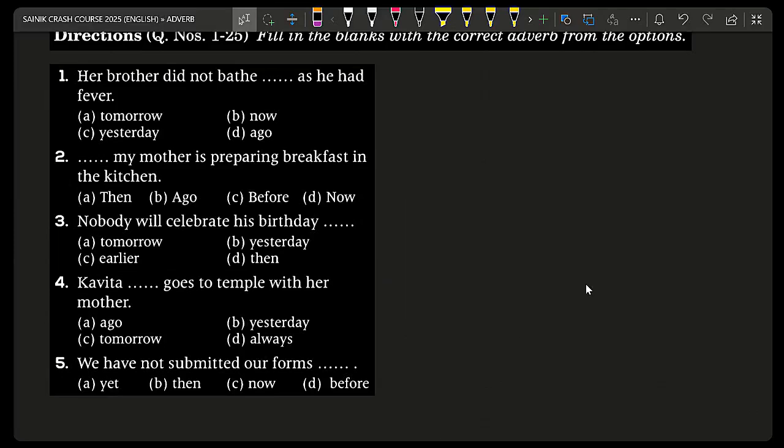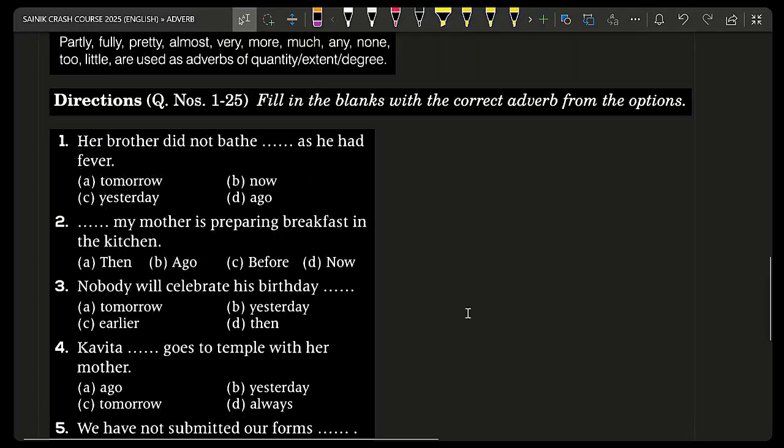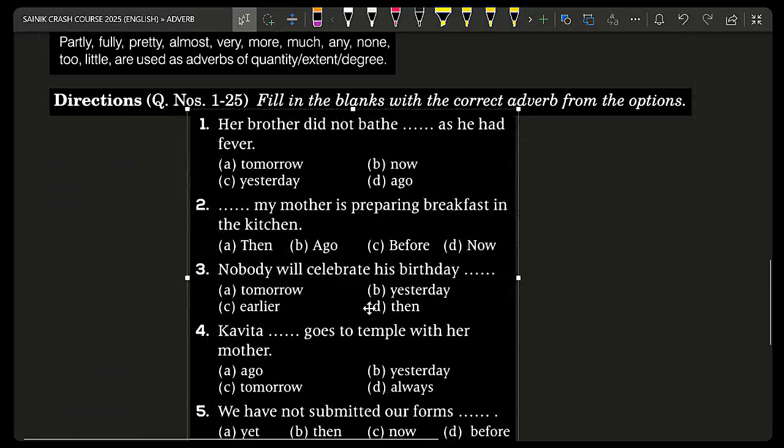Aryan, can you answer the first question? Read the question first. Can you move the question to the right side? Can you see that? Yes, sir.